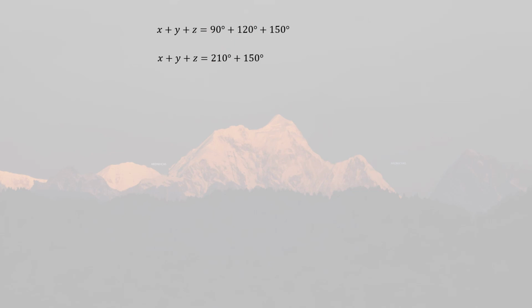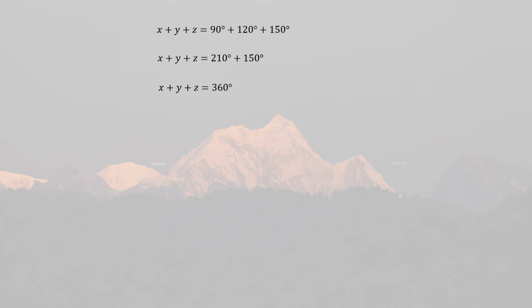So we get 90 plus 120 as 210. So our new equation is x plus y plus z equals 210 plus 150, and 210 plus 150 is 360 degree, meaning x plus y plus z is equal to 360 degree.